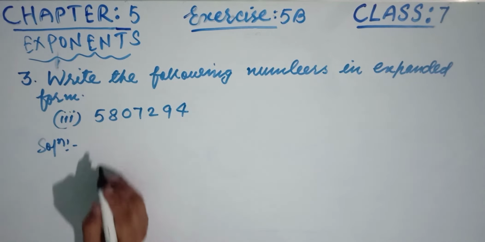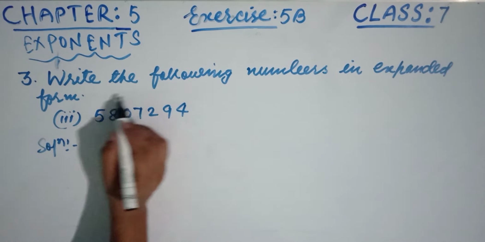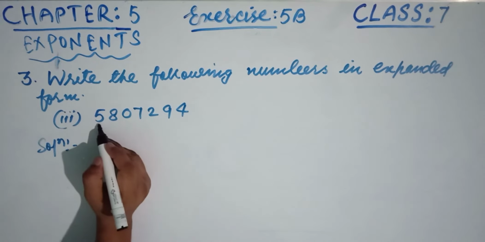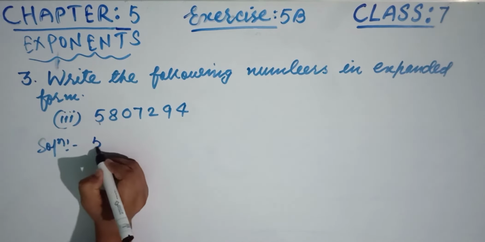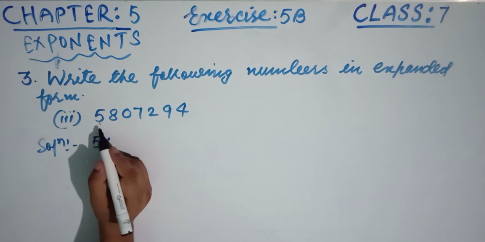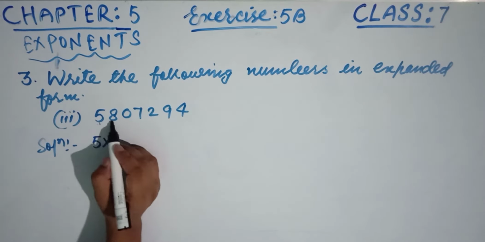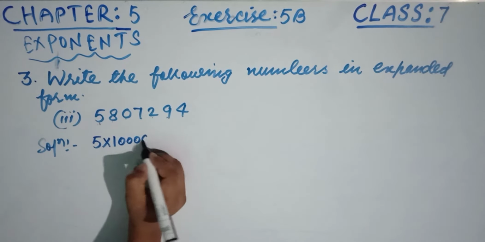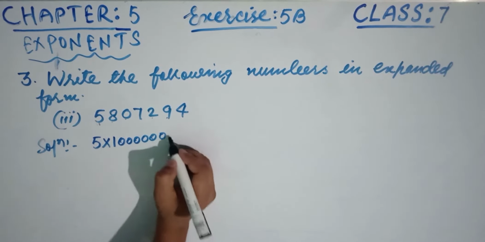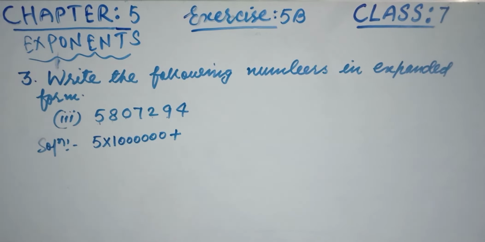First write all the positions of every digit. Write plus plus plus, like this: write the first digit, then multiply, and see how many digits are after this 5. 1 2 3 4 5 6, 6 digits, means 6 times 0 friends. Then write the plus sign, because we are going to write the expanded form.